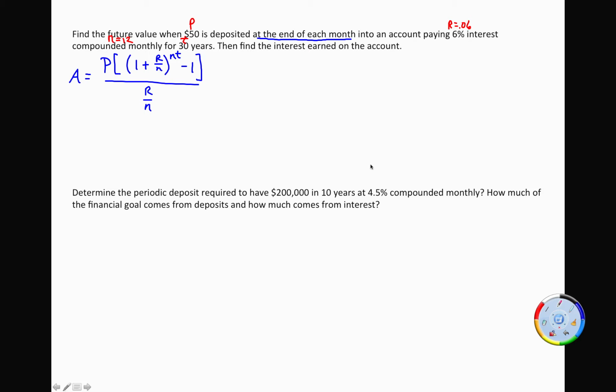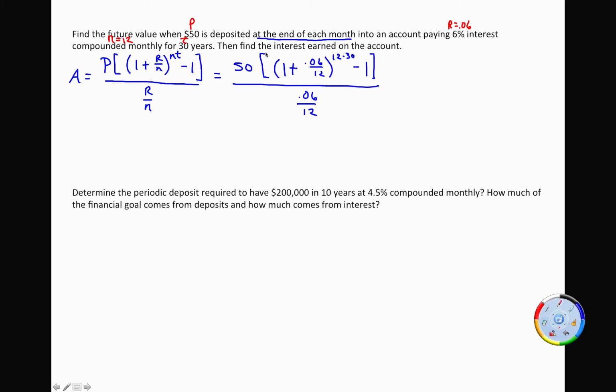So I'm just going to plug into this formula. Replace the P with 50. 1 plus 0.06 over 12 to the 12 times 30 minus 1, over 0.06 over 12.